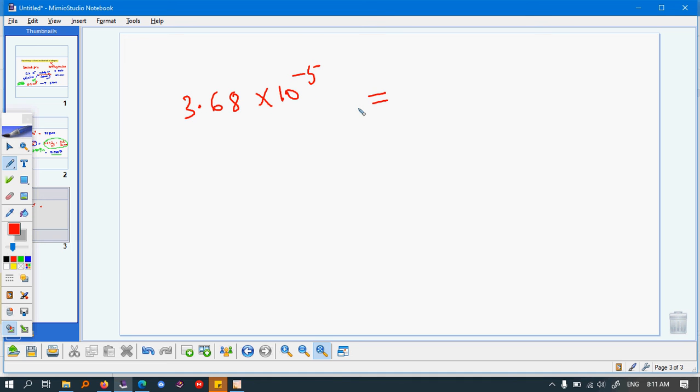Now, if I'm writing this as an integer or decimal, so in this case it will be a decimal, I'll basically move this point 5 steps to my left. So that's 1, 2, 3, 4, 5. So it's over that side.